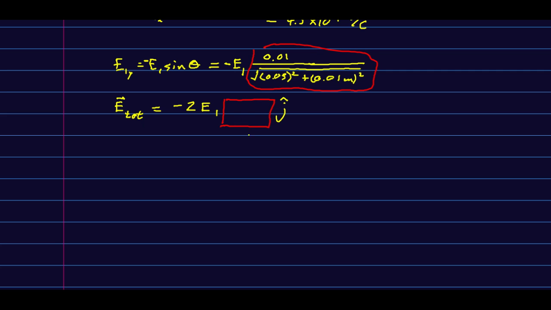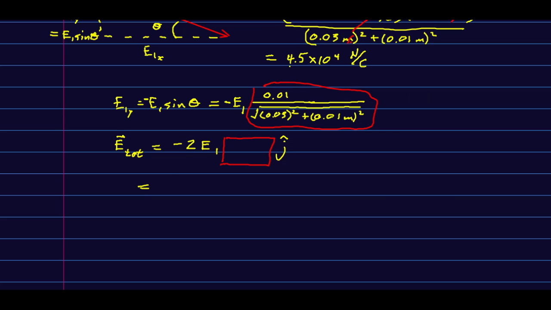That's it. Now we're basically done. You can plug in that 4.5 times 10 to the 4 newtons per coulomb and so on, and you're going to get negative 2.8 times 10 to the 4 newtons per coulomb j hat.